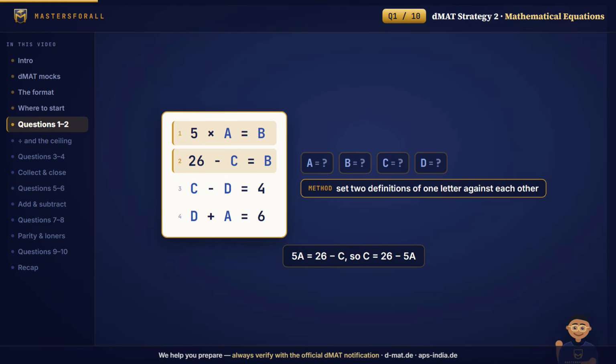Line 1 says B is 5A. Line 2 says B is 26 minus C. So 5A equals 26 minus C, which means C is 26 minus 5A.